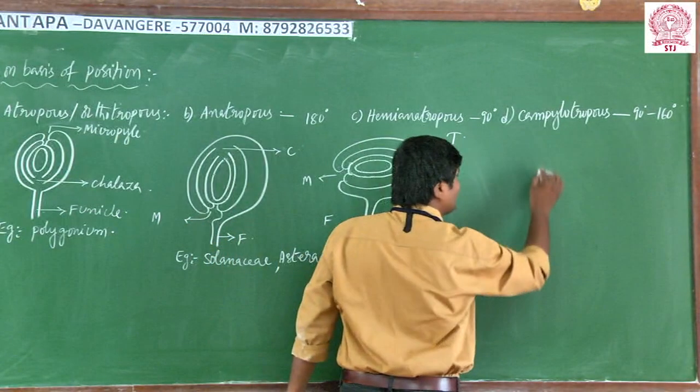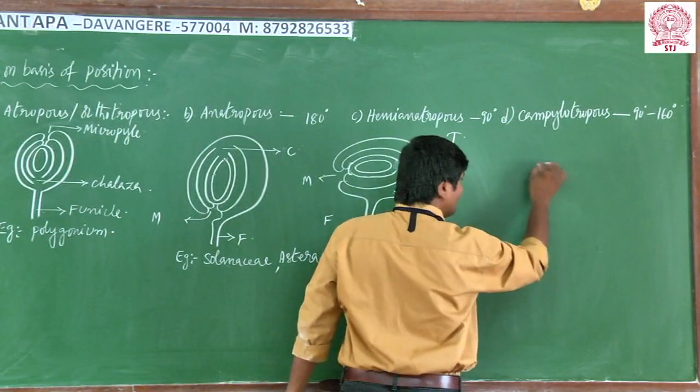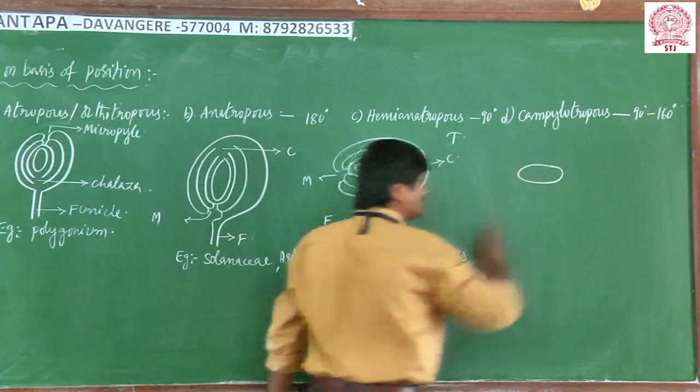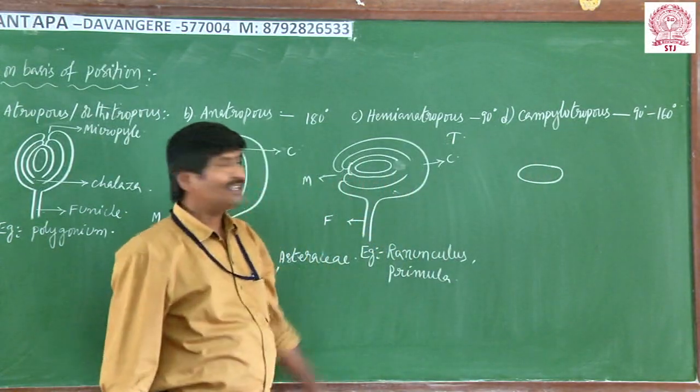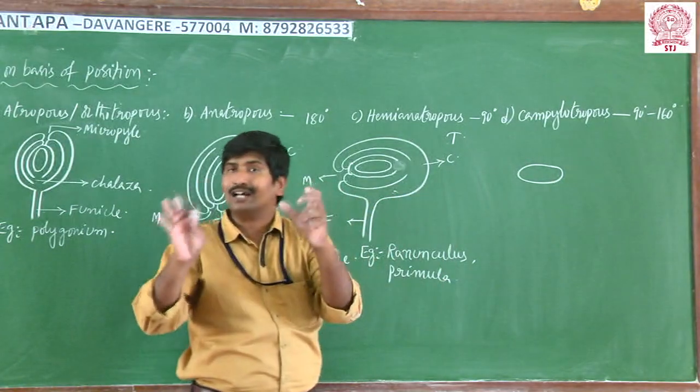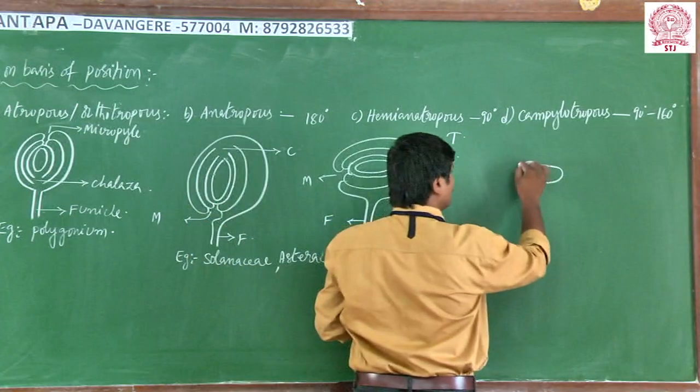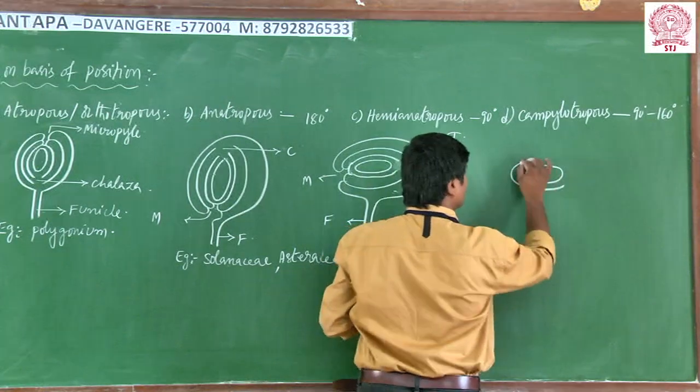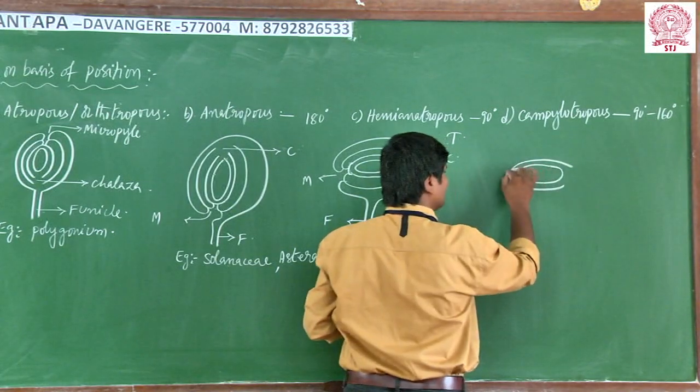See the structure of the campylotropous ovule. The embryo sac is in the central position. Here the embryo sac does not curve, only the ovule body is curved. Nucellus.